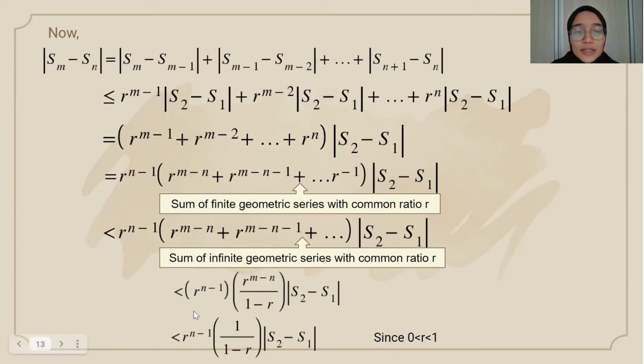So this is strictly less than r to the power of n minus 1 times r to the power of m minus n as the first term of the geometric series, divided by 1 minus r as the common ratio of the series, and we times S2 minus S1. So this is strictly less than r to the power of n minus 1 times 1 over 1 minus r times S2 minus S1 again, since r is less than 1.